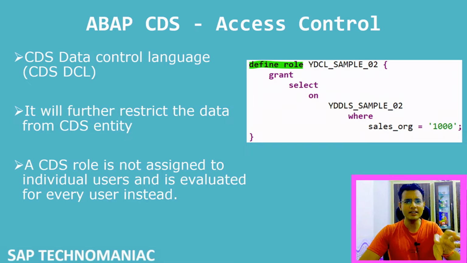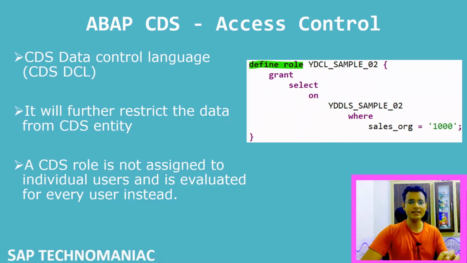It will restrict the data further, beyond whatever restriction we did in the CDS view, based on the criteria we define in the define role. A CDS role is not assigned to individual users and it is evaluated for the average user.